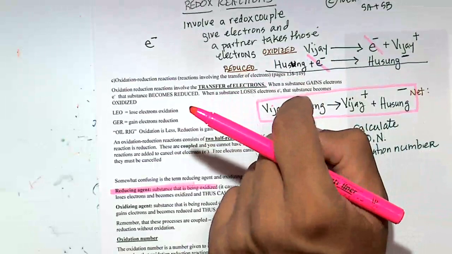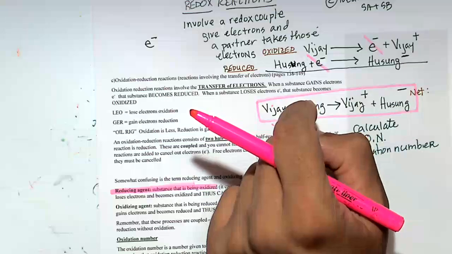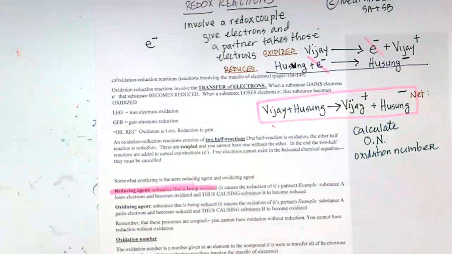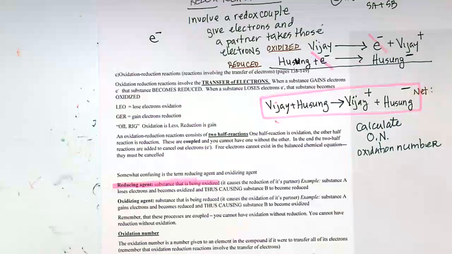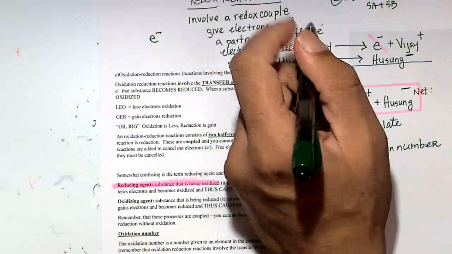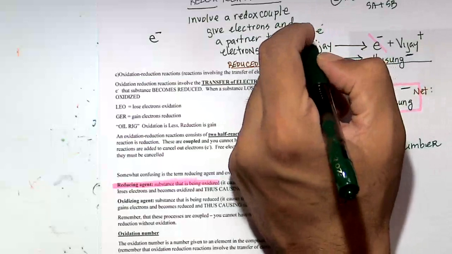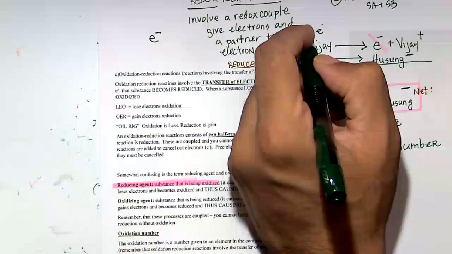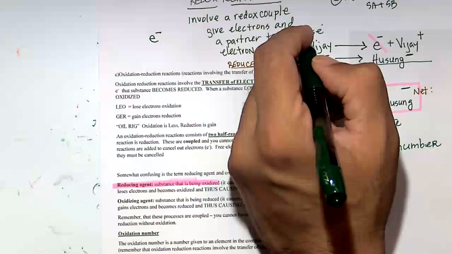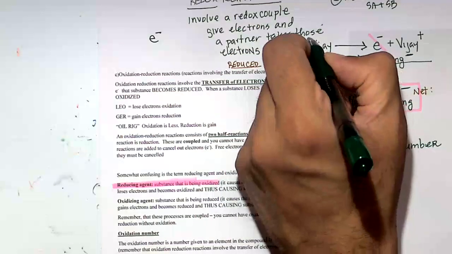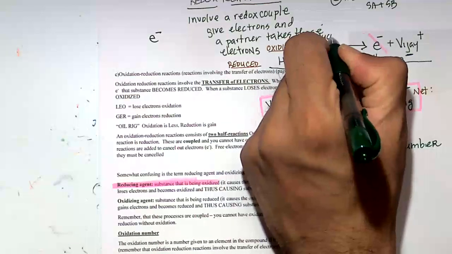Why? Because I caused my partner's reduction. You see how it's kind of tricky? I get oxidized, but who do I reduce? I am the agent that causes your reduction. So I am the reducing agent.